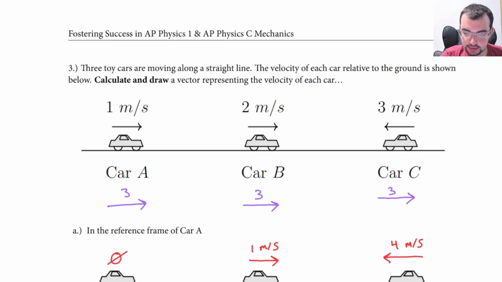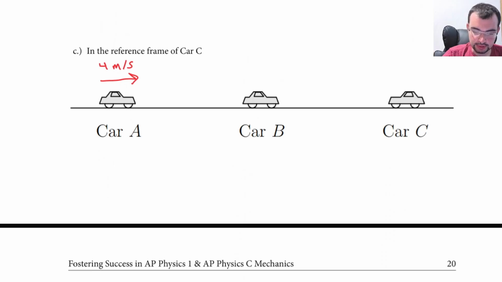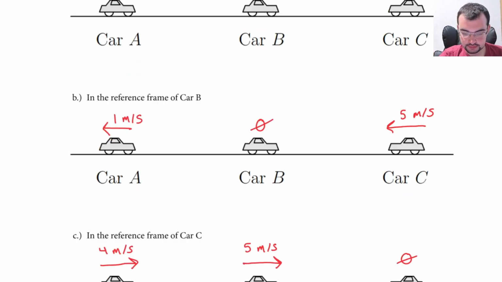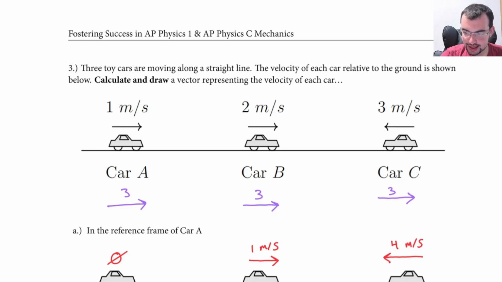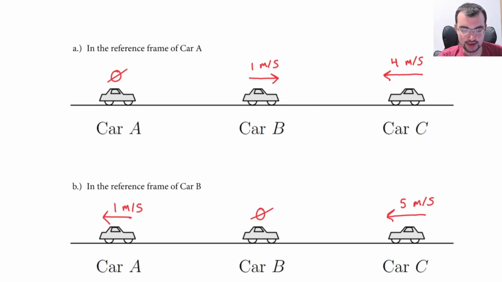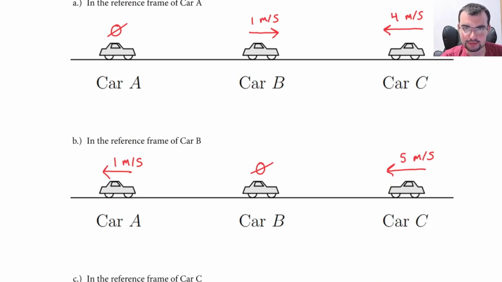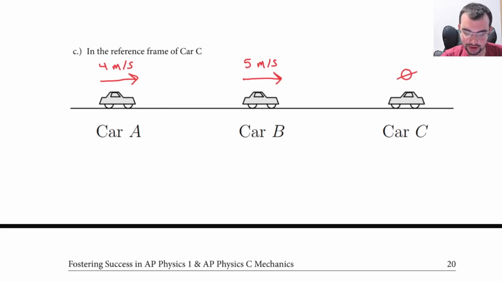Car B is 3 plus 2, which is 5. And car C doesn't think they're moving. So this is just some practice with converting to reference frames. Sometimes it's helpful, as you'll see, but this is just the idea that we can look at the motion from any observer's perspective that we'd like.